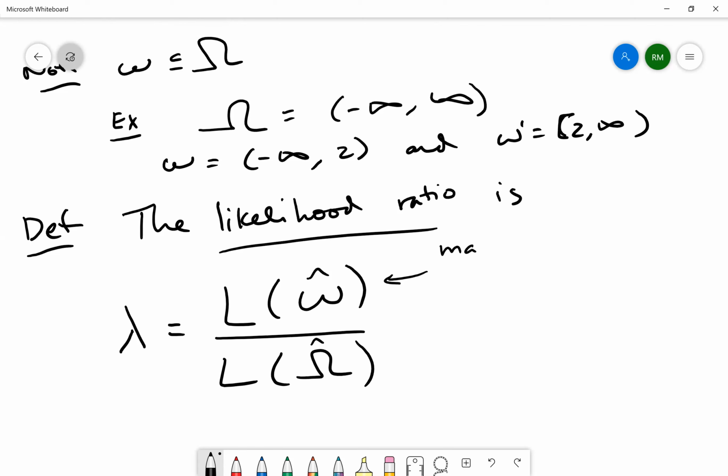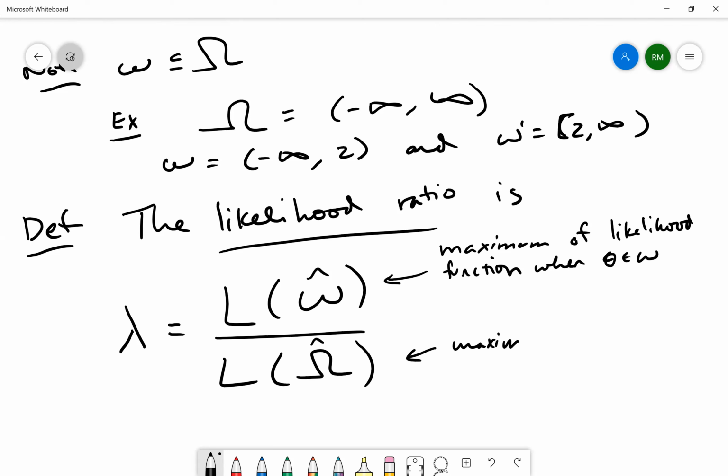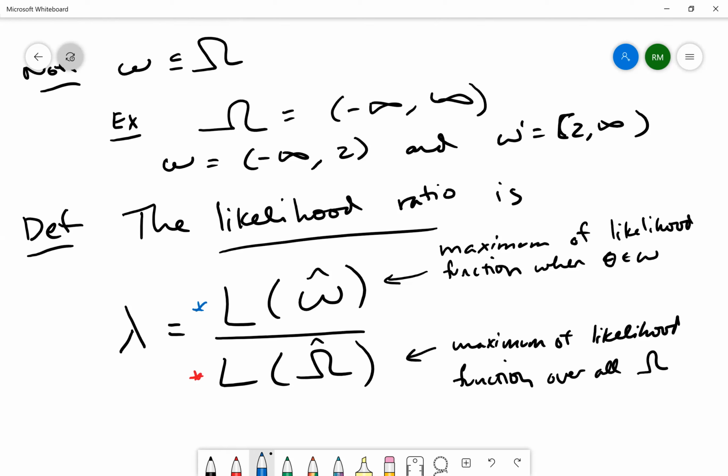This is the maximum of the likelihood function over the possibilities in little omega, and this is the maximum of the likelihood function over all big omega. So L of big omega hat, that's the maximum likelihood estimators that we found back towards the beginning of the class. And the big L of little omega hat, that's a little different, which we'll talk about today.